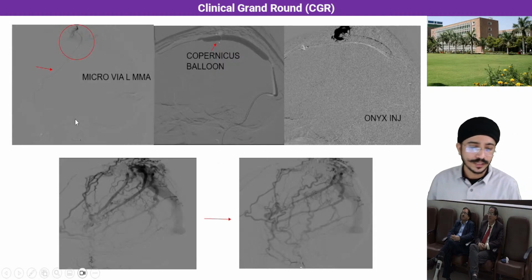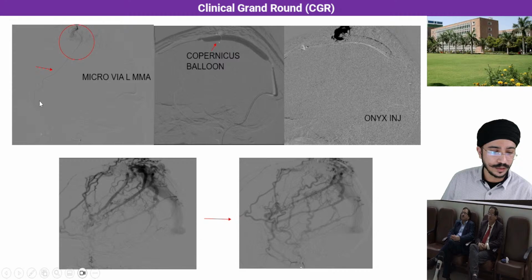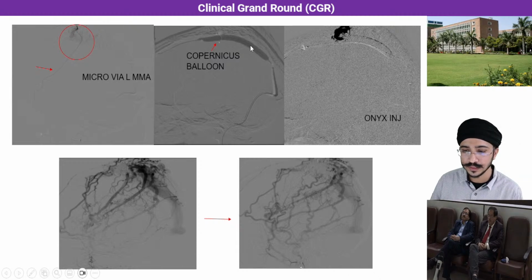So again, arterial access was taken via middle meningeal artery branches, where we can appreciate the microcatheter in one of the middle meningeal artery branches reaching up to the fistulous point, and via transvenous access, we can see that the balloon was placed into the superior sagittal sinus.